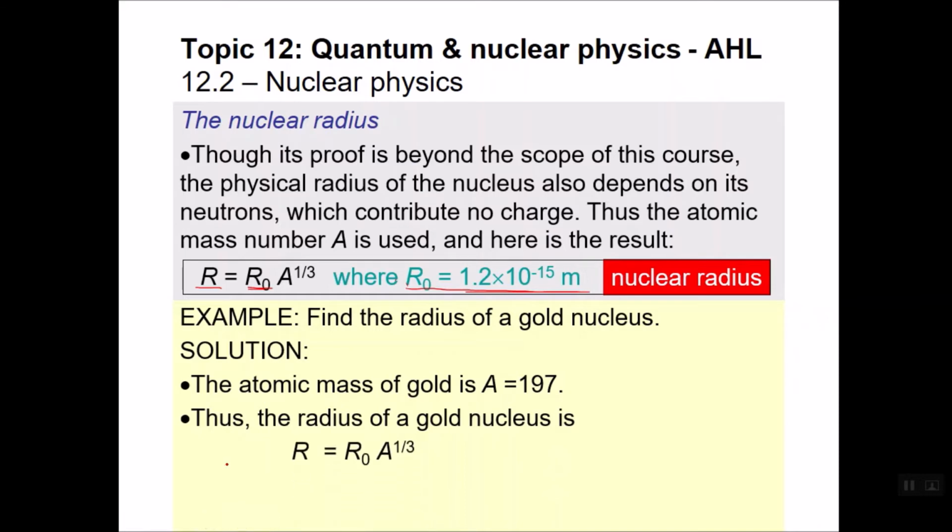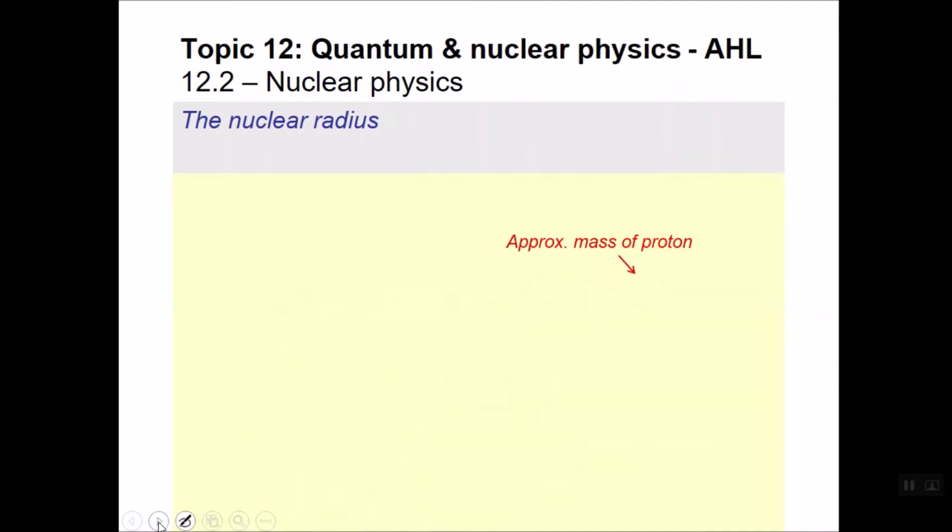Thus, the radius of the gold nucleus is, and we substitute everything in, this is 1.2 times 10 to the minus 15th. A is the atomic number, 197 raised to the 1/3. And that gives us 6.98 times 10 to the minus 15th meters. Much closer to being accurate particle size.